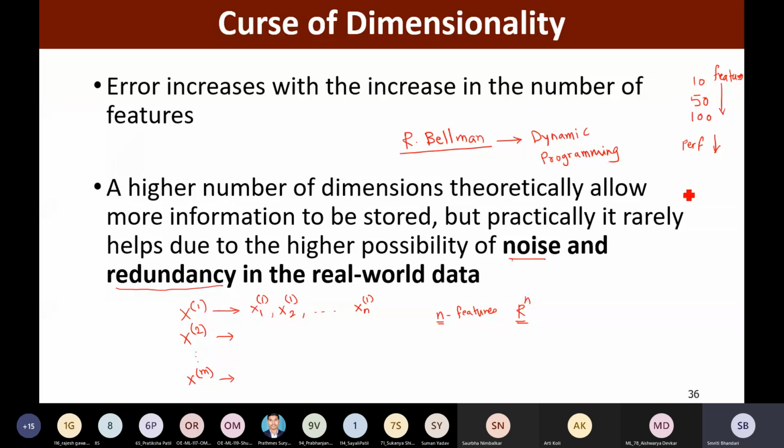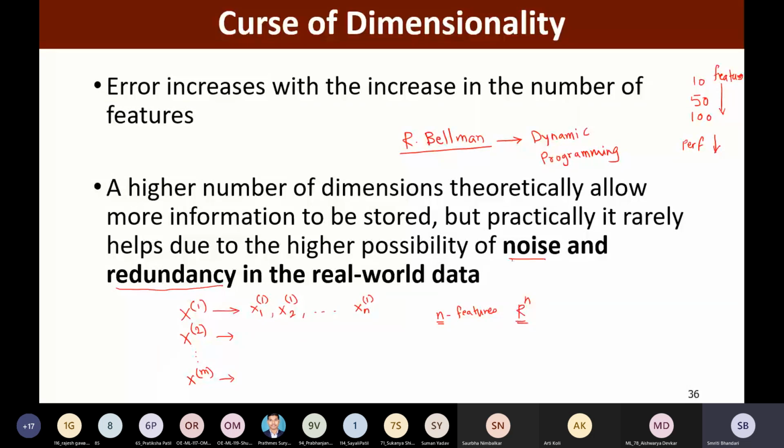So, if we have a Euclidean space with n dimensions, he observed that as we go on adding dimensions, the problem is created by the exponential increase in volume associated with this increase in dimensionality. So the curse of dimensionality basically means that the error increases with the increase in the number of features.